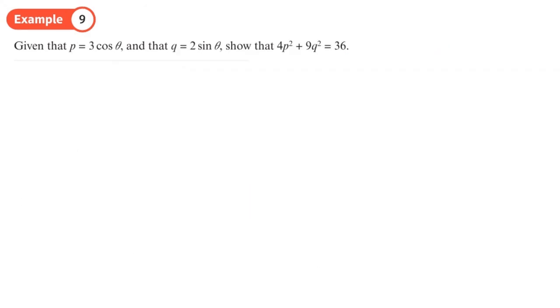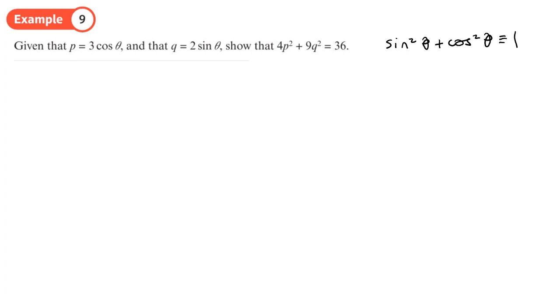Right, given that p equals 3 cos theta and q equals 2 sine theta, show that 4p squared plus 9q squared equals 36. Now this looks like we're going to be using this, sine squared theta plus cos squared theta is 1.